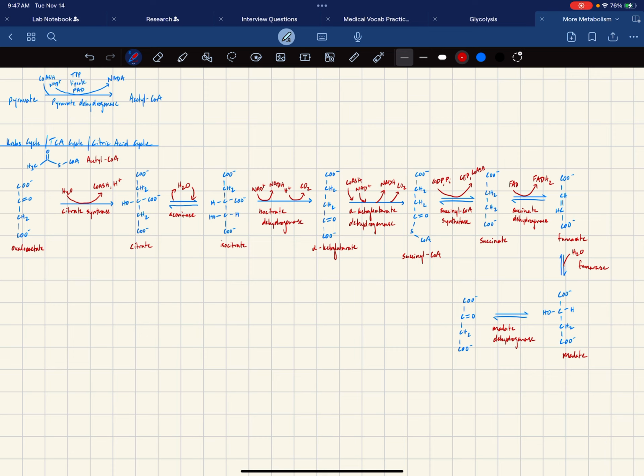To do that, we'll take NAD+ and convert it to NADH. At the same time, we'll oxidize malate back to oxaloacetate.